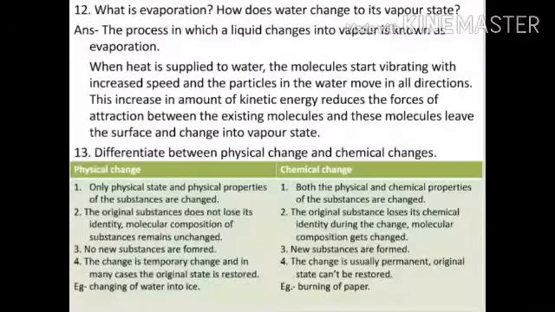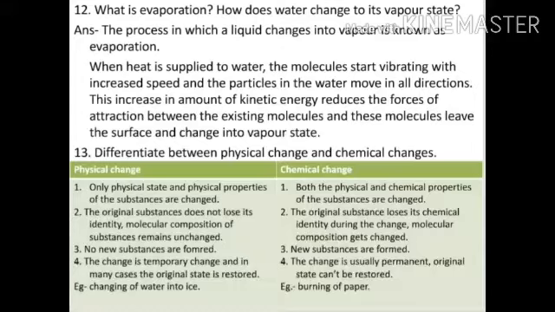Question number 12. What is evaporation? How does water change to its vapor state? First answer is, the process in which a liquid changes into vapor is known as evaporation. The second answer is, when heat is supplied to water, the molecules start vibrating with increased speed and the particles in the water move in all directions.